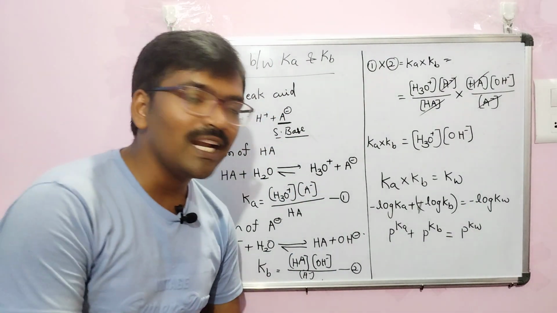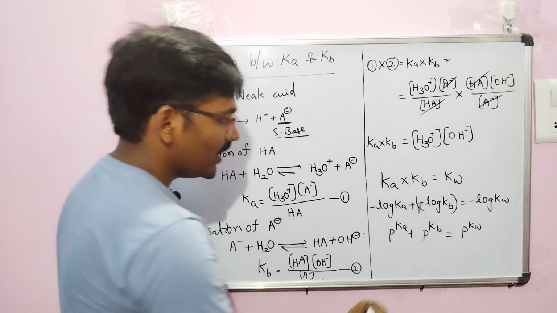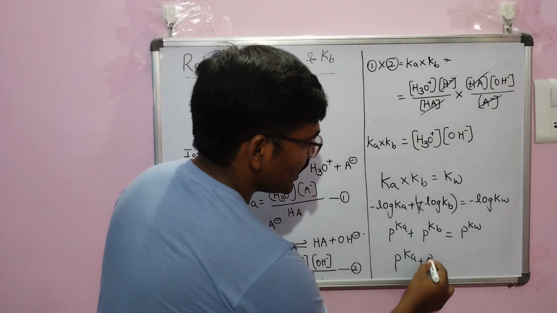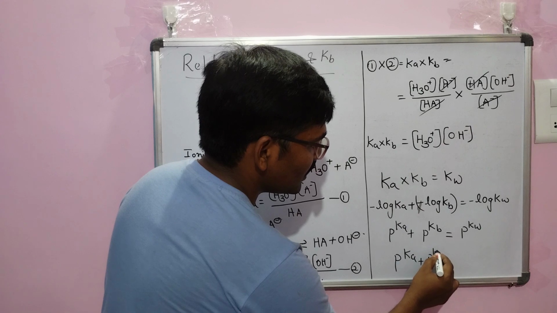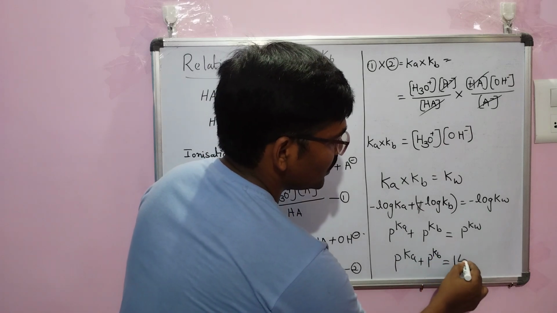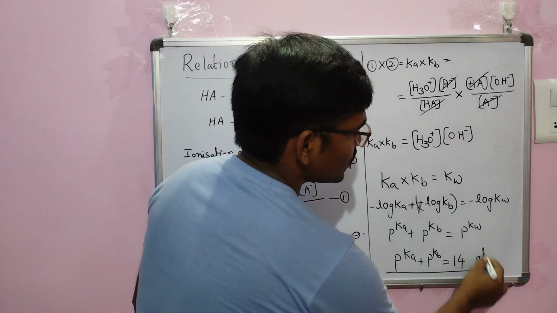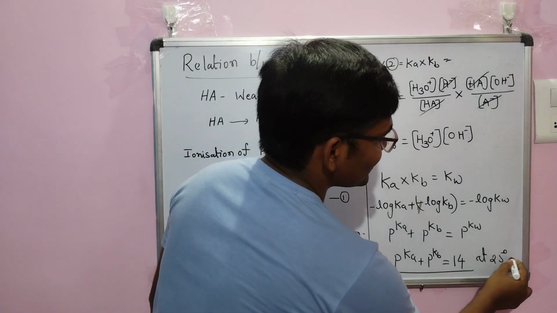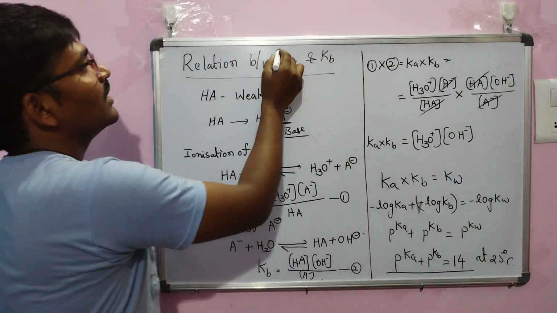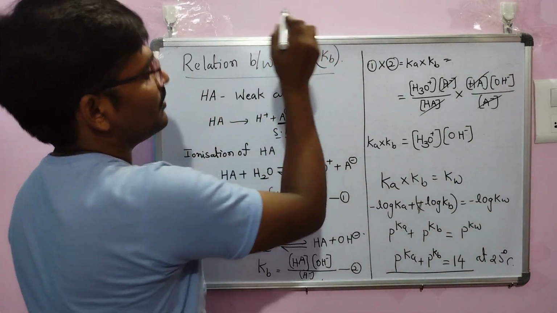We know that the pKw value is 14. So pKa plus pKb equals 14, at 25 degrees Celsius. Remember it. This is the relation between Ka and Kb.